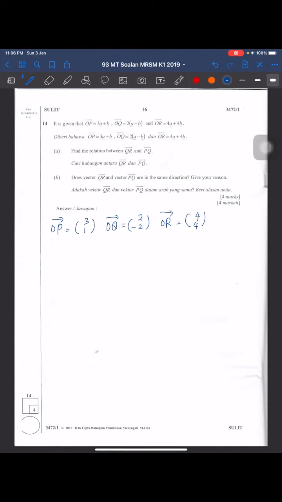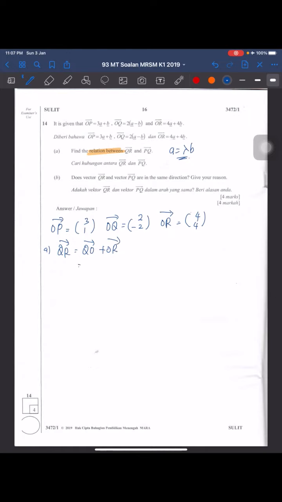Okay, A, find the relation. Kalau relation, biasanya kita boleh buat dia dalam bentuk, for example, A equals to lambda B. Lebih kurang macam ni lah. So kita cari dulu QR. QR is basically QO plus OR.